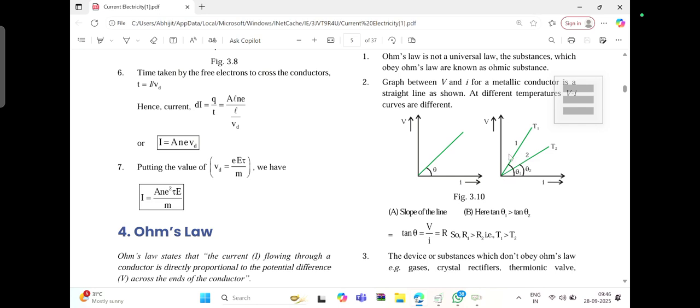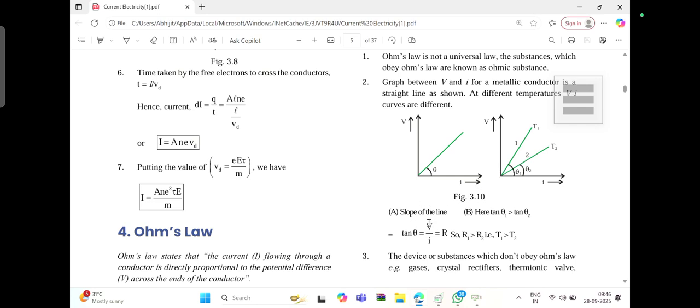If the quantities voltage and current are reversed, then R will be reversed. That means the slope of this graph shows the resistance actually.